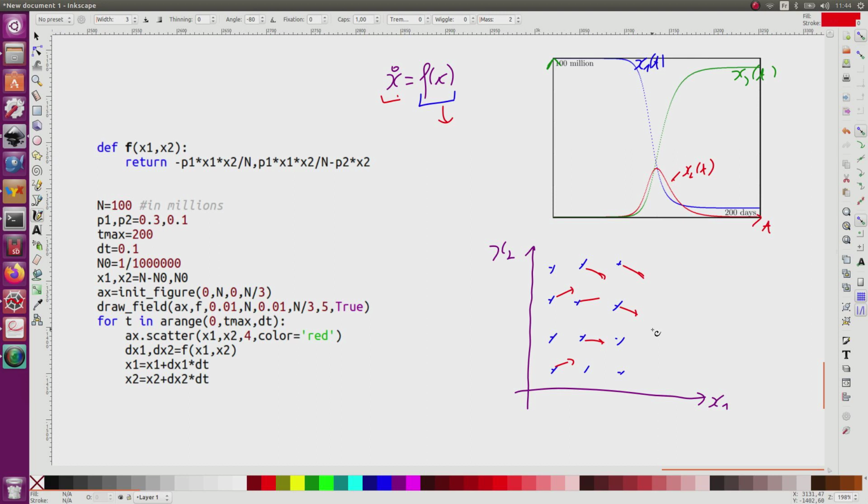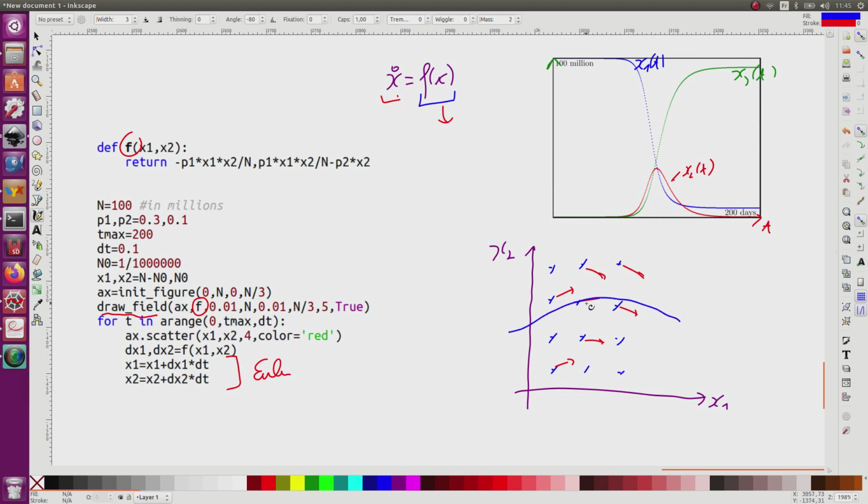So for this, we'll use the function draw field, which has as a parameter the function f given here, and it will draw this field in Python. I will also simulate via the Euler method to draw the trajectory, and the trajectory follows the field.